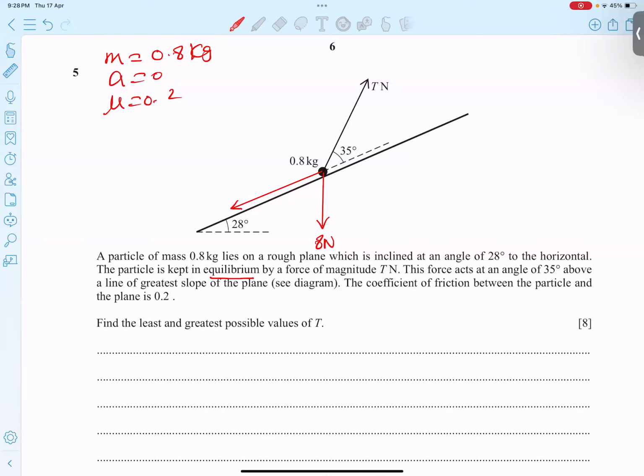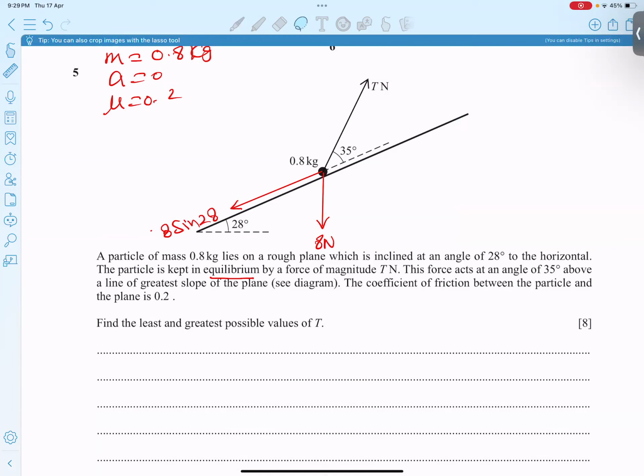The mass is 0.8 into 10, and sine theta is sine 28. I think it's better to write in exact form, so I'm writing here 8 sine 28. So this is done.